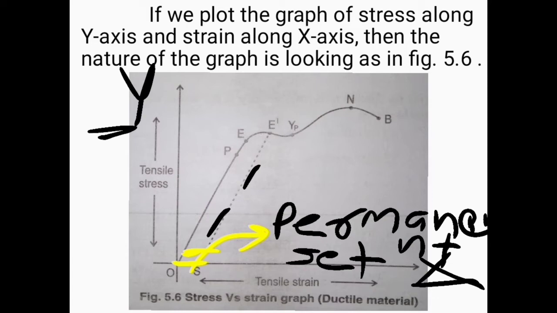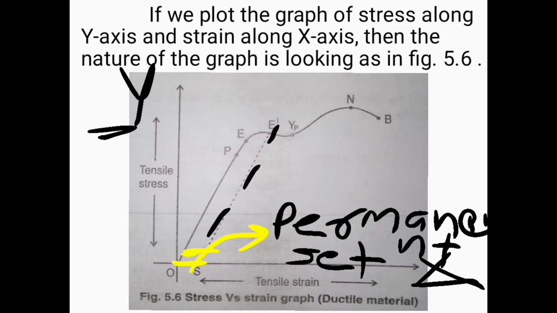It means when we cross this point E dash, there is more increment in the length of that wire. Beyond point E dash, the wire becomes thin and thin. Our wire is getting thinner, its thinning is increasing. So that point YP is called the yielding point. Yielding is nothing but getting thinner and thinner.